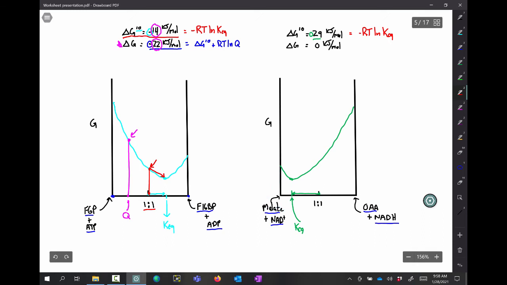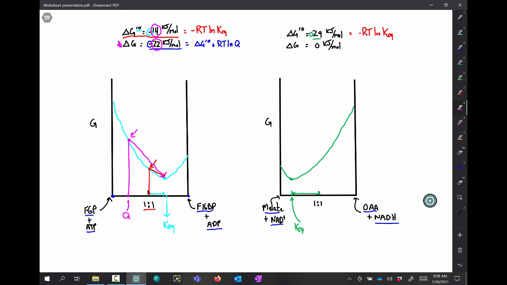And if you think about this like a skier on the side of a hill, we can see that the skier up here in our actual conditions has more potential energy than the skier in the middle of the hill, and is going to have more energy gained if that skier were to ski down the hill. And so this reaction is going to funnel into that lower energy point, and the free energy change is going to be negative 22 kilojoules per mole.